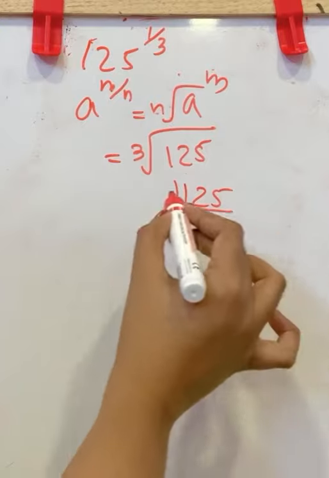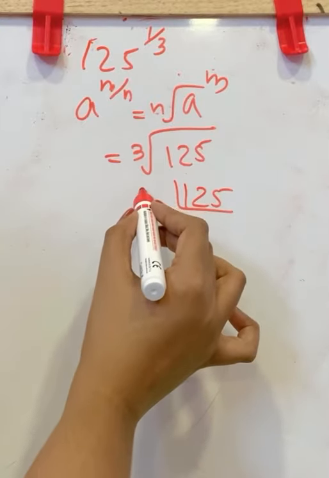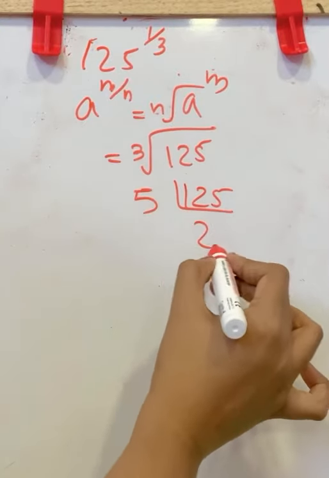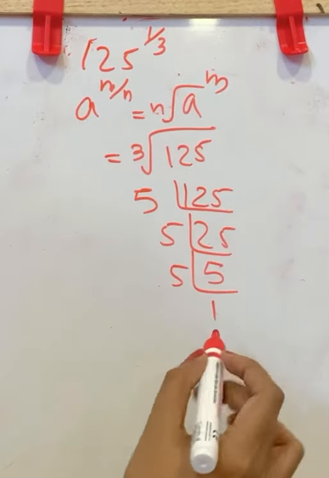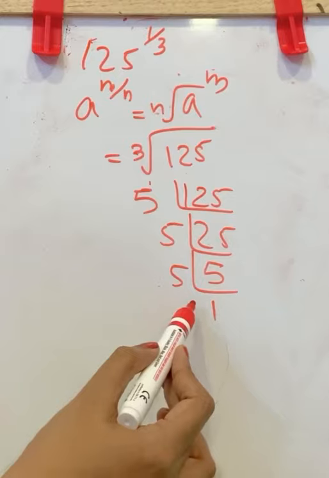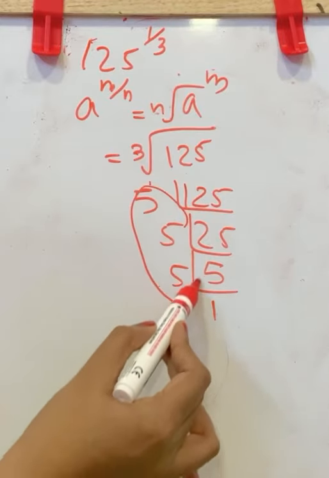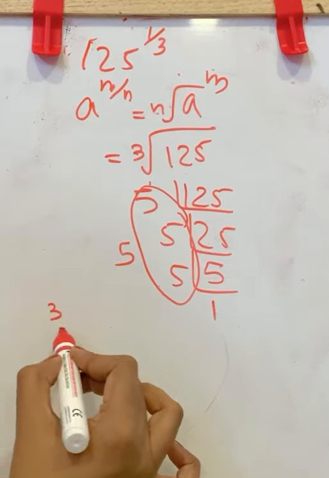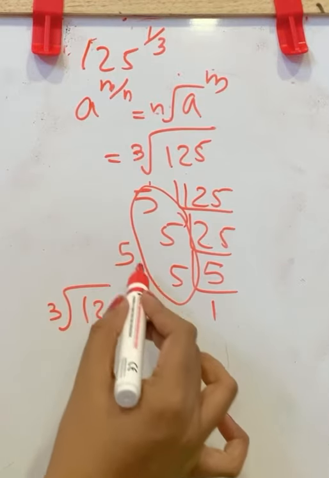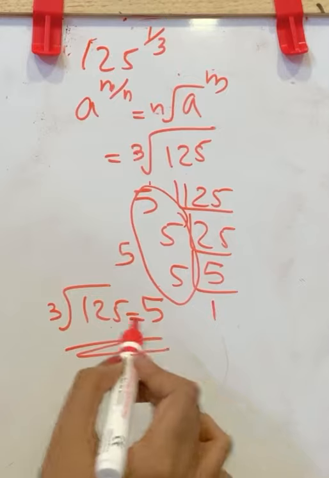We will factorize it: 5, 25, 5, 5, again 5. Now it is cube root, so pair 3 5s at a time and take 1. That is cube root of 125 is equal to 5. This is the answer. Next question.